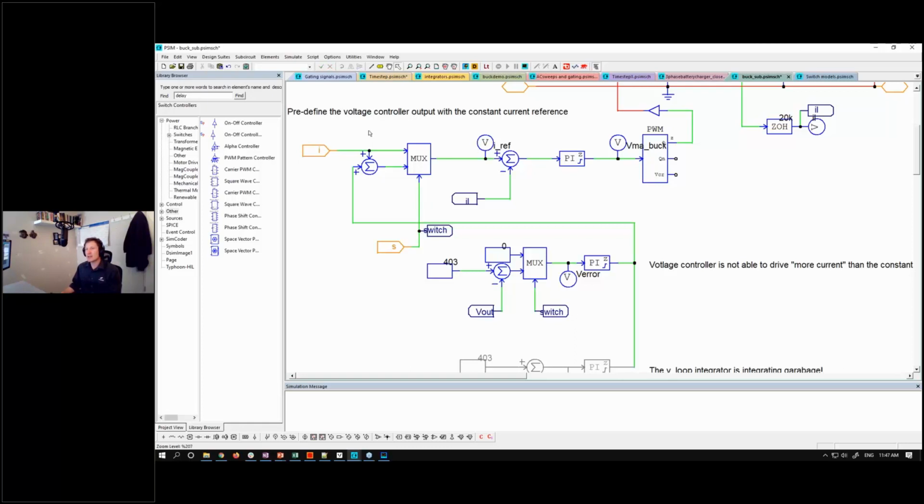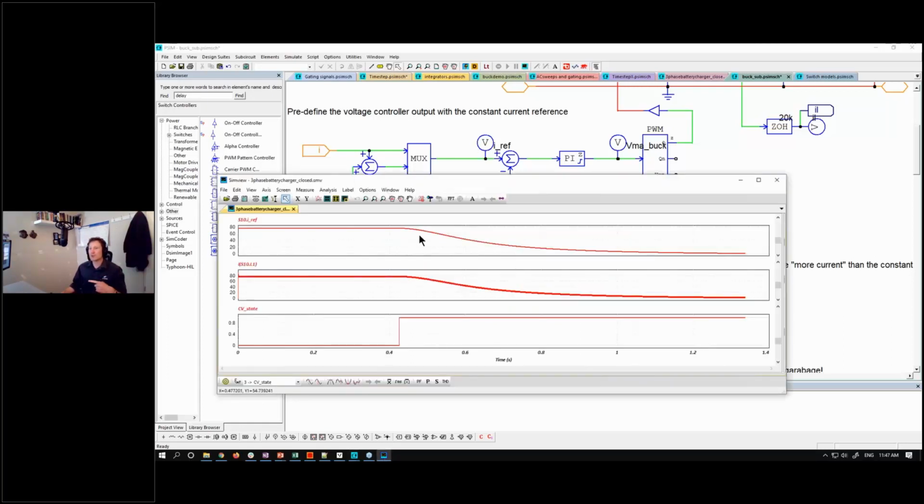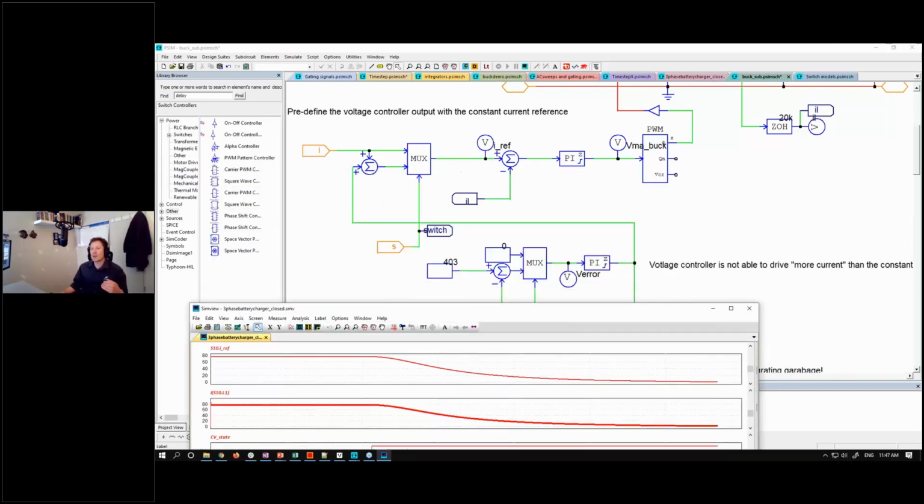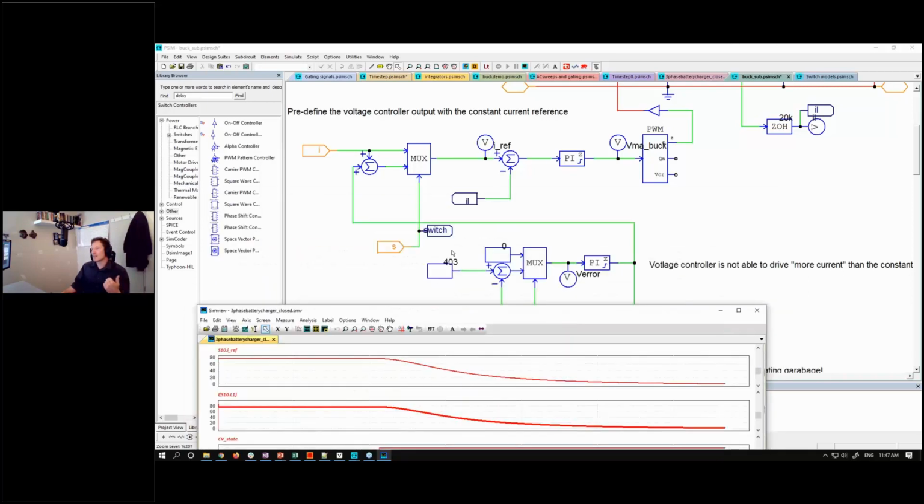So we can see that I've mixed in my reference here, and then all this integrator is going to do when we switch to constant voltage drive is take away from that reference, right? It doesn't care. My current reference IREF is the combination of my steady state constant current value and the output of my voltage controller, and we can see that's being dictated by trying to stay at 403 volts.